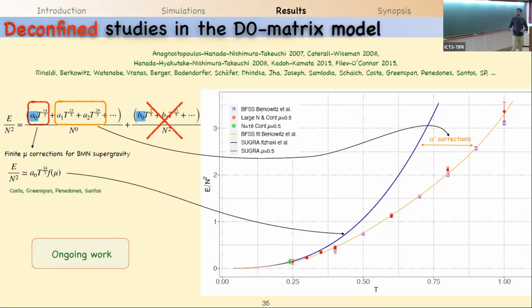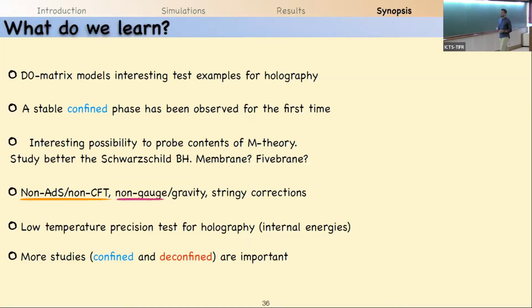So this brings me to the synopsis of the talk and what we learn from this. We learn, first of all, that these specific matrix models are interesting test examples to study holography. I hope that I convinced you somehow that a confined and stable phase has been observed for the first time, and what is the meaning of this confined phase.